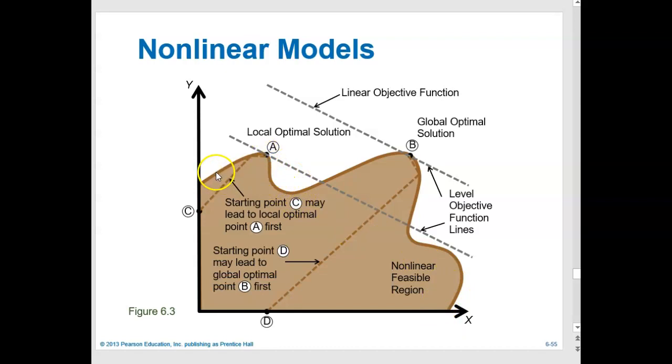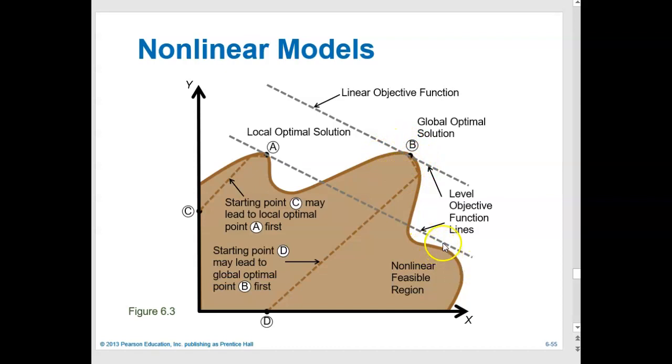So for example, if I started the search process around these values here, it probably stops at this local optima A, and that's the solution that I get from my solver window. However, if I start the search process around these values, maybe my search process ends at B, and that may be the solution that I get.